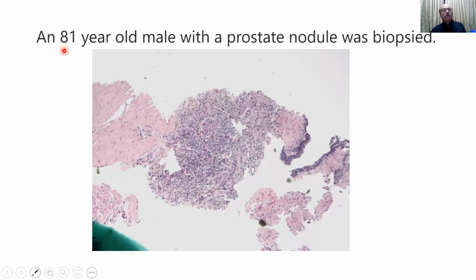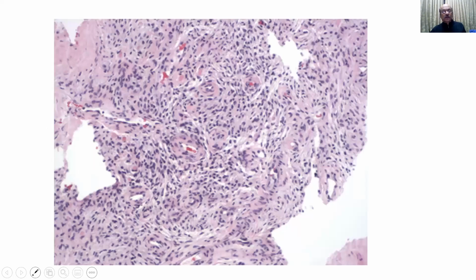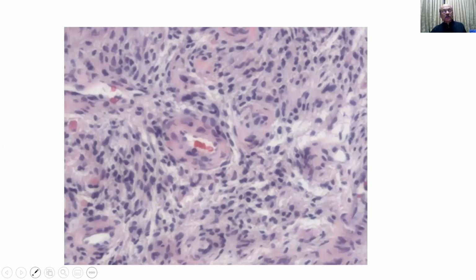This is an 81-year-old male with a prostatic nodule, needle biopsy. So this area shows proliferation of spindle cells without any glands and proliferation of thick-walled, medium-sized blood vessels.